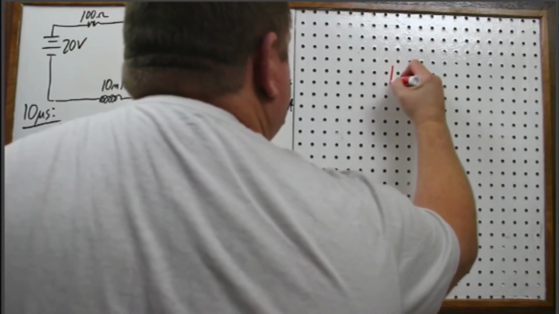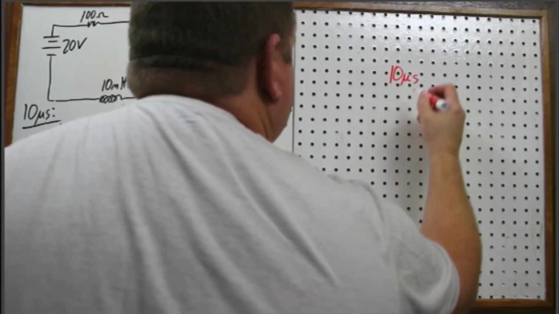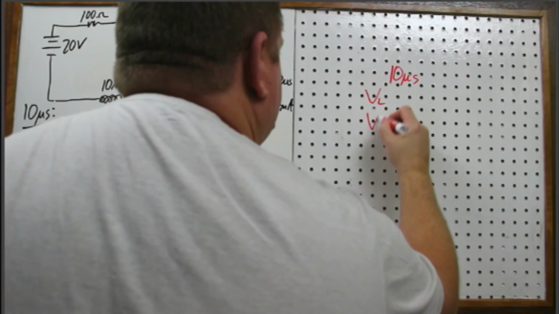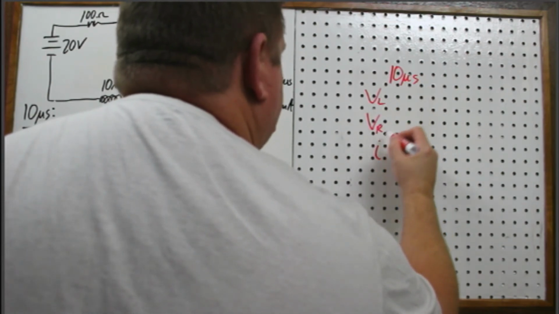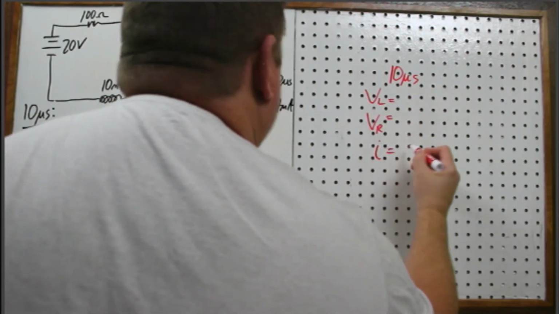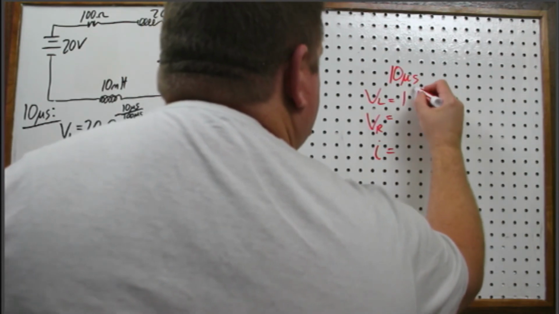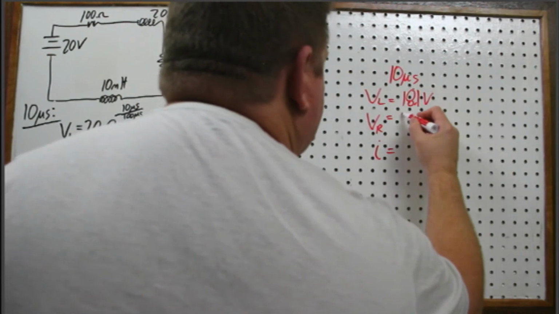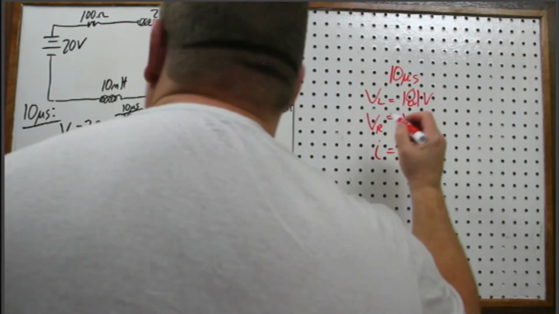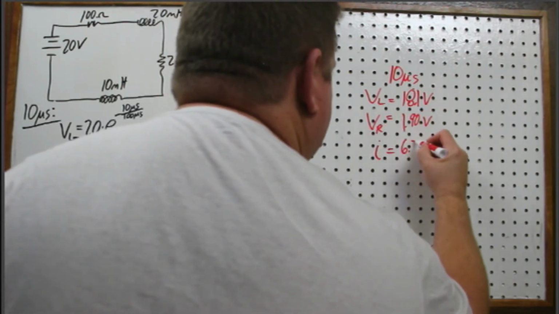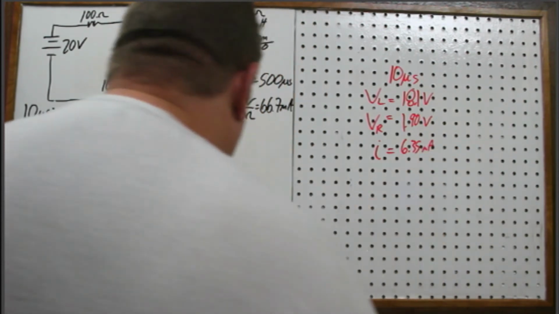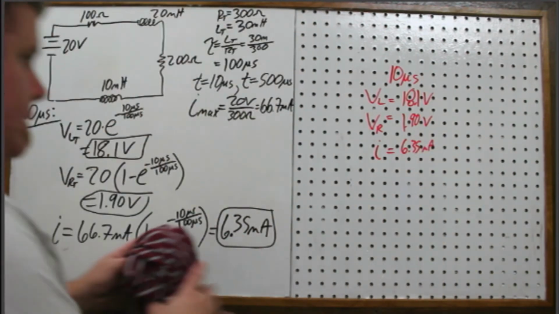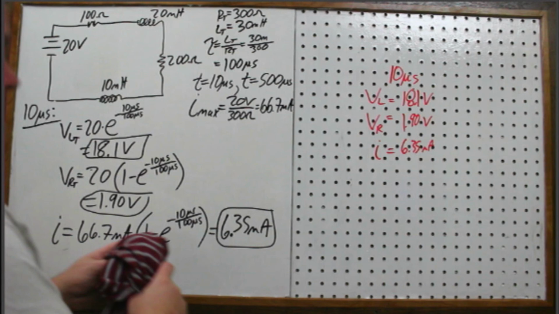So at 10 microseconds, the voltage on the inductor, resistor, and current: we had 18.1 volts, and we had 1.90 volts, and we had 6.35 milliamps. Okay. Now we'll take a look at this 500, looking at steady state, or what we consider steady state.